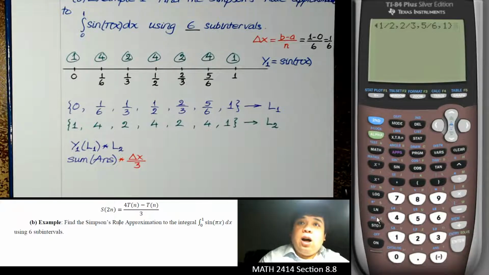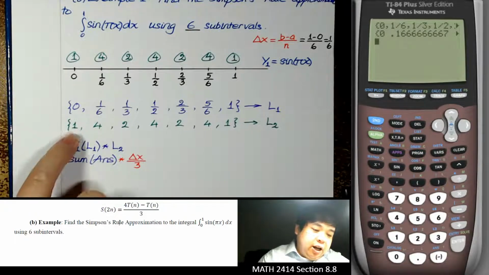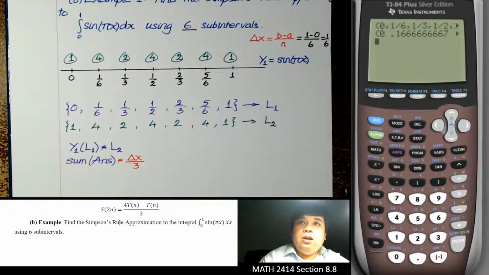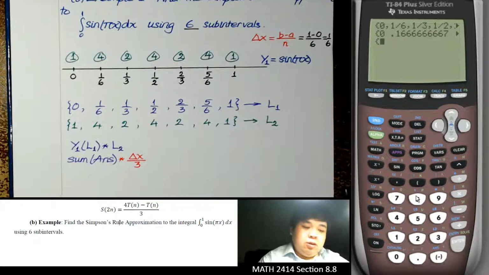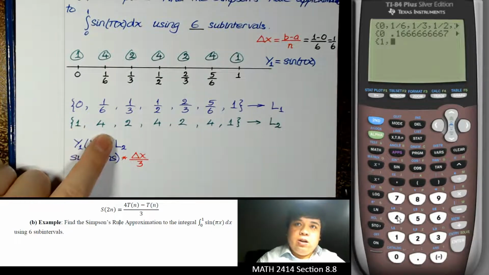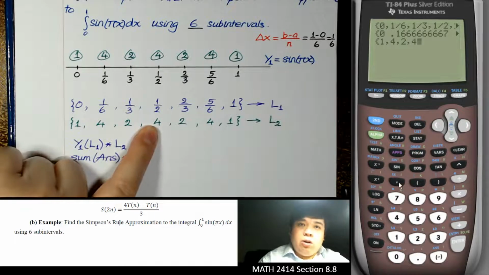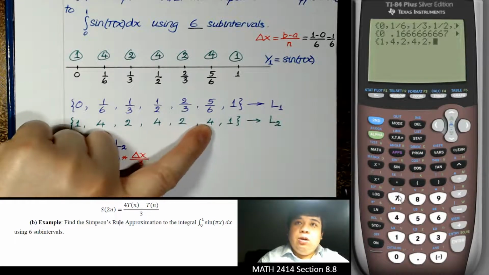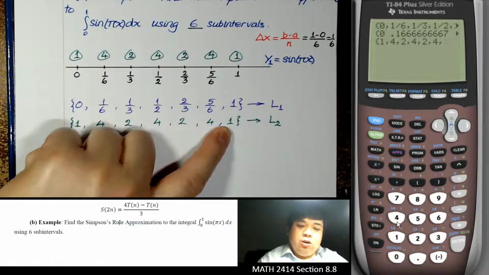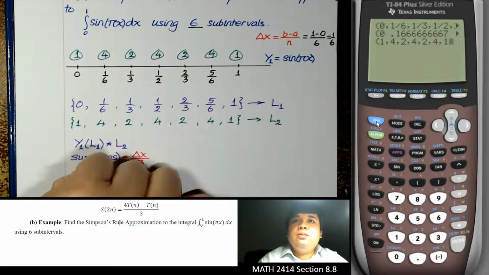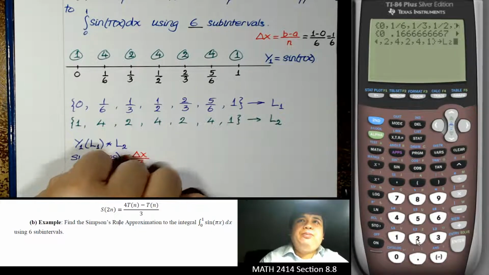With that, we store into list 1. Next, we store the coefficients into list 2: 1, 4, 2, 4, 2, 4, 1, and close, and then store into list 2.